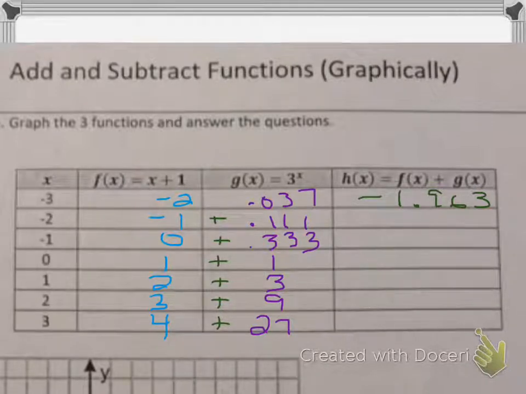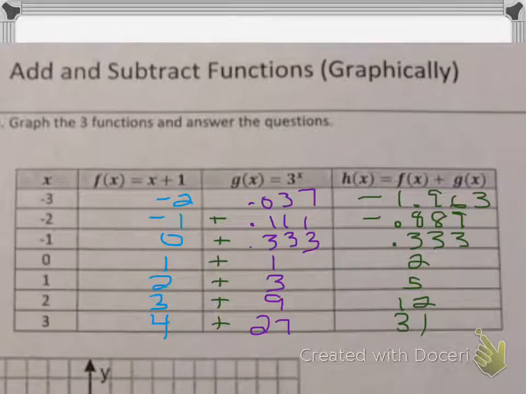So -1 plus 0.111 is -0.889. This will be 0.333 because 0 plus 0.333. 1 plus 1 is 2. 2 plus 3 is 5. 3 plus 9 is 12. And 27 plus 4 is 31.